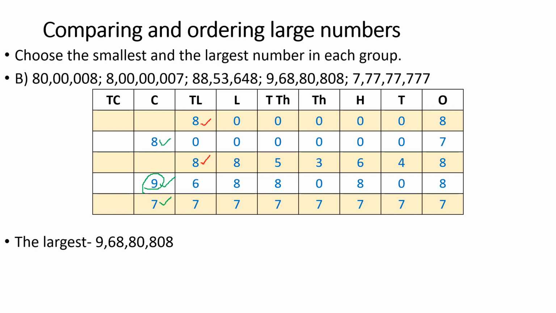So now what we will do, we will compare from the lakhs place. Which one has a smaller digit? Definitely there are 0 and 8, so 0 is smaller than 8. That's why this numeral is the smallest number in this group, and that is 80 lakh 8.